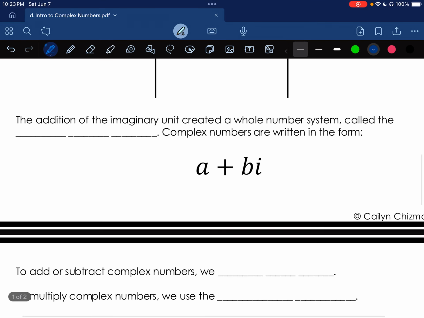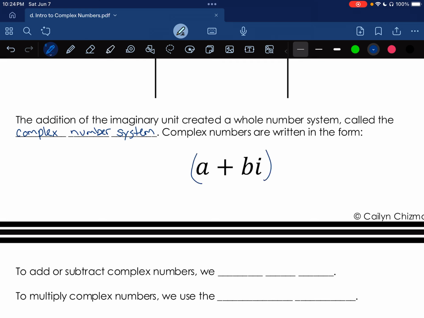Now here's the mind-blowing part. The addition of the imaginary unit creates this whole new number system called the complex numbers, or the complex number system. So far we've always talked about real numbers, but real numbers are a subset of this complex number system. Your complex numbers are written in this form a + bi, so this whole thing is one number.